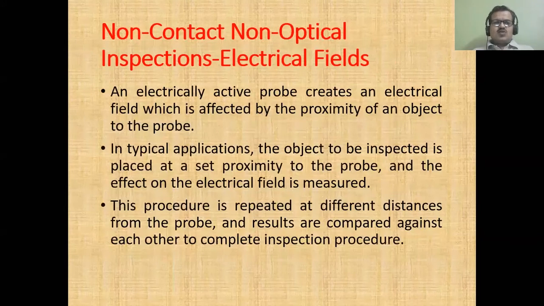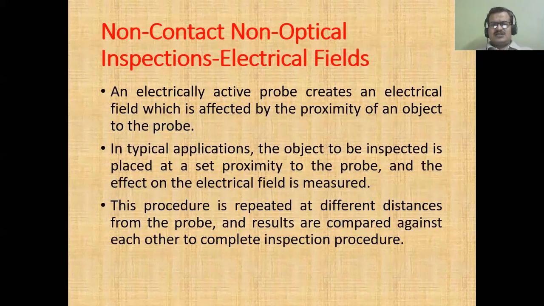Now we'll discuss non-contact, non-optical inspection: electrical fields. An electrically active probe creates an electrical field which is affected by the proximity of an object to the probe. So the object is kept near the probe, not touching, but in the close vicinity of that probe.